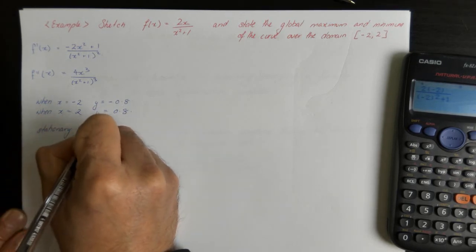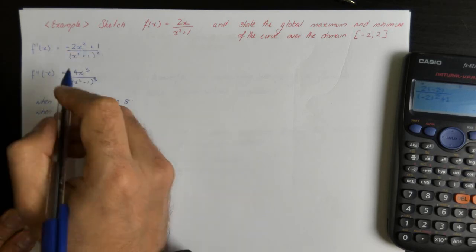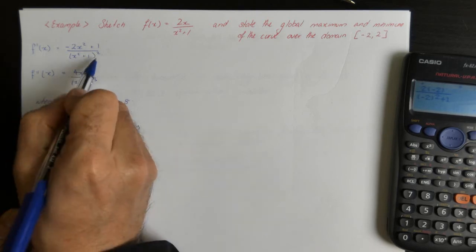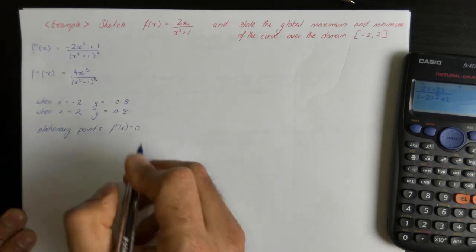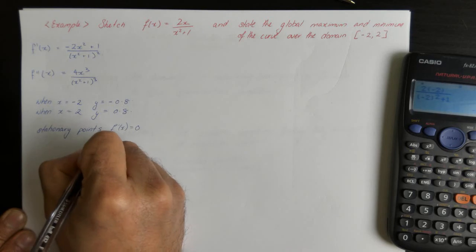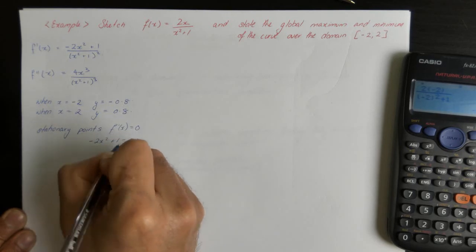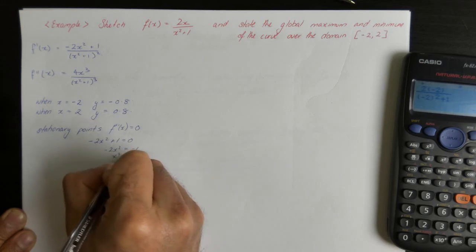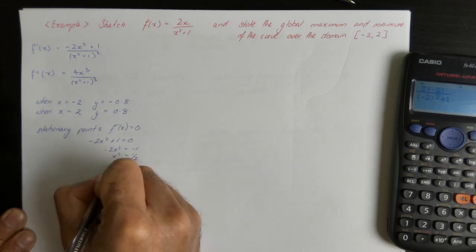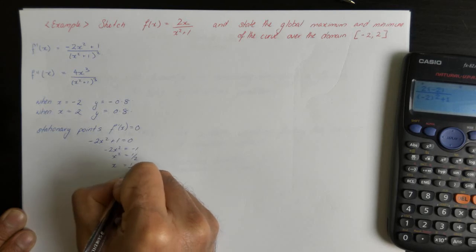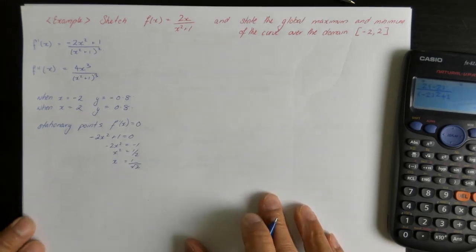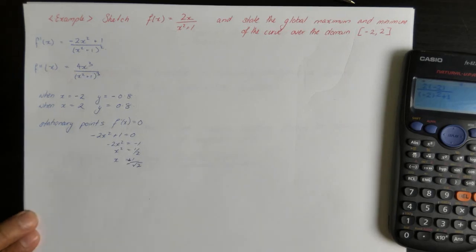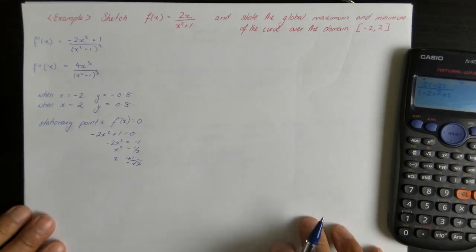So once again, I'm looking at the first derivative. I don't want the denominator to be 0, but I do want the numerator to be 0. So I get two values, x equals plus or minus 1 over root 2.